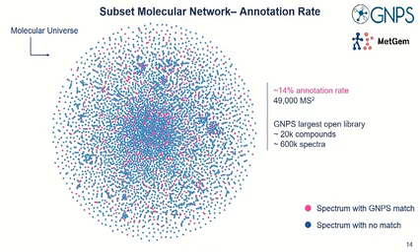Each node is one MS/MS spectrum, and we try to distribute them in the chemical space based on their similarities, so nodes that are closer to each other should share some similarities. We see only 14% were annotated, so everything colored in magenta was annotated. It's a very low number of signals that was matched.